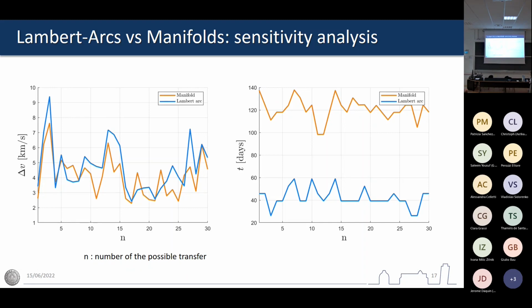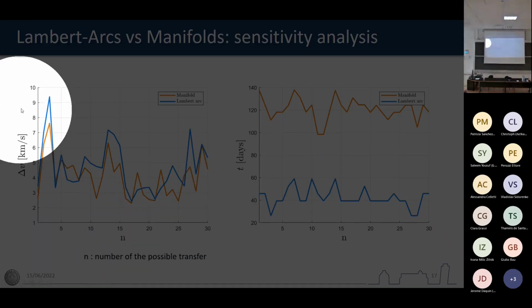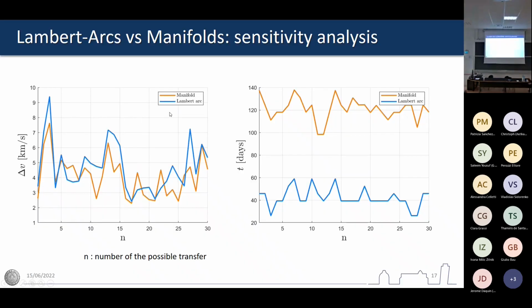Here we compared the two methods. So only manifolds to leave the target orbit, get to the target orbit and back, or only Lambert arcs. And as expected, with the Lambert arcs, you spend way more energy.